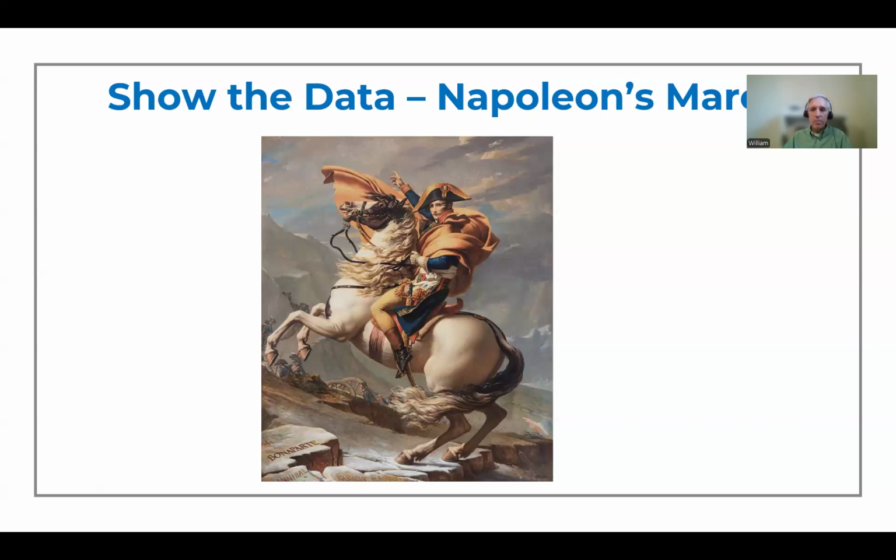Now, what happened in Russia was different than a lot of countries that they invaded, because the Russians could see that they were outnumbered, and so rather than facing off the army with skirmishes, they would retreat and burn everything in their path as they retreated so that the troops couldn't find any supplies.